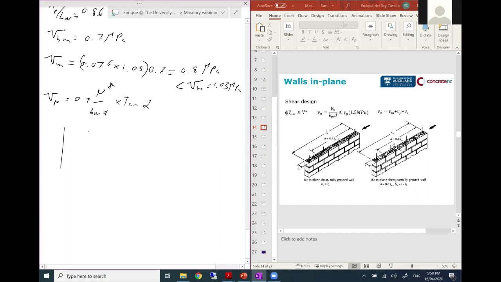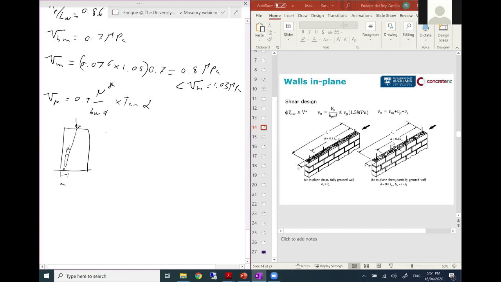Now I'm going to do a little sketching here. That's my N. That's where the load is going to, which is half of A. That means that my alpha is there.